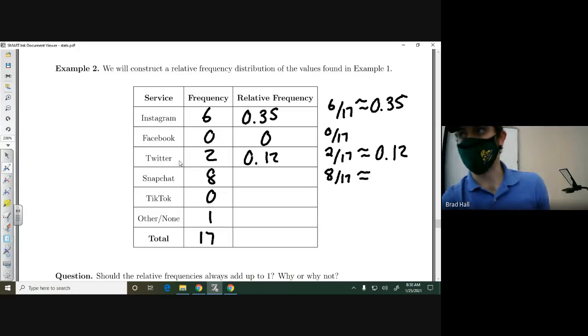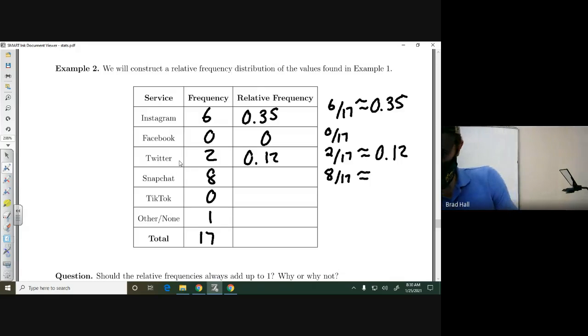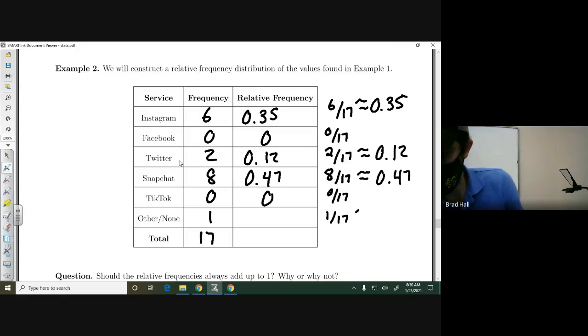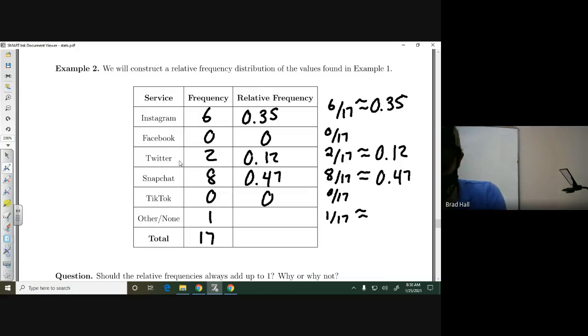The frequency relative to the number of respondents. And we just do this for everyone. 0.47. So that's what we put here. This one's easy. And then finally, I'm the odd man out, so how much does my response contribute to this whole thing? 0.06, or 6%.